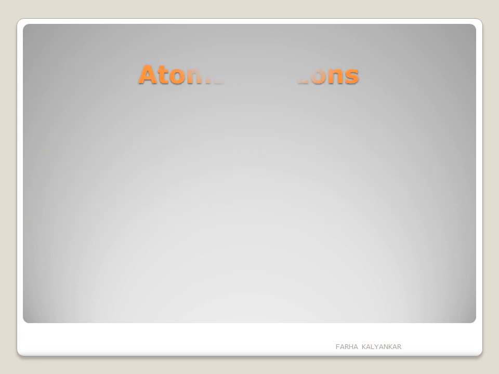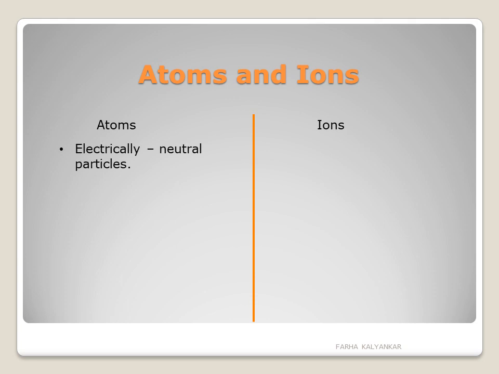Before moving on with the study of formation of ionic bond, you should first understand the difference between atoms and ions. Atoms are electrically neutral particles. They don't have any charge, whereas ions are electrically charged particles. They include the cations, which are positively charged, and the anions, which are negatively charged.